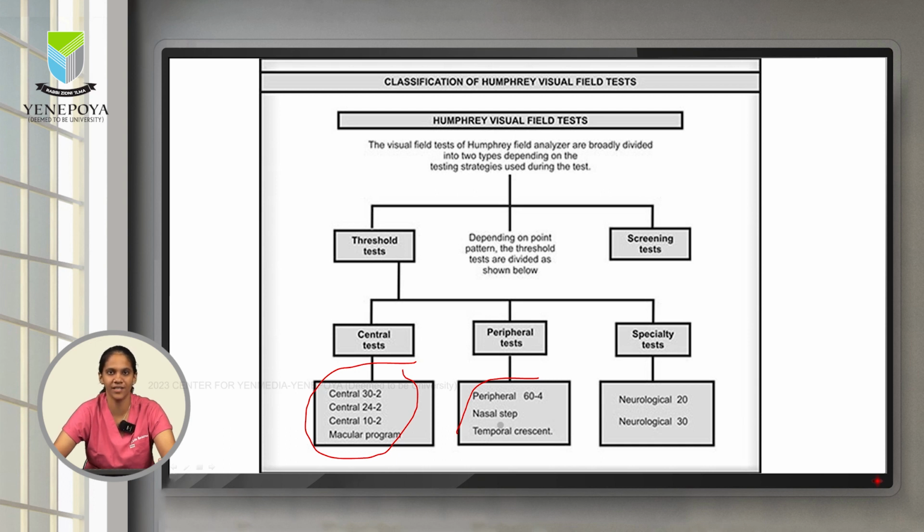These you would not have really ordered for any of your patients. And then come your specialty tests, the neurological 20 and the neurological 30. What I am going to be talking about is these. It is very imperative that you know why to order these tests, when to order them, how to interpret them and all of that. Okay, so these are your threshold tests.